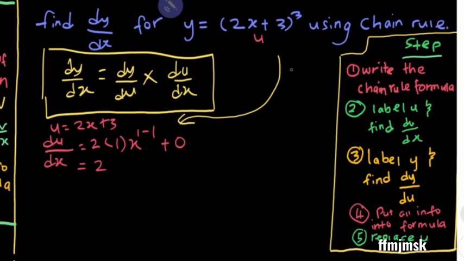So the basic rule is y equal to x power of n, so dy over dx is equal to nx power of n minus 1.